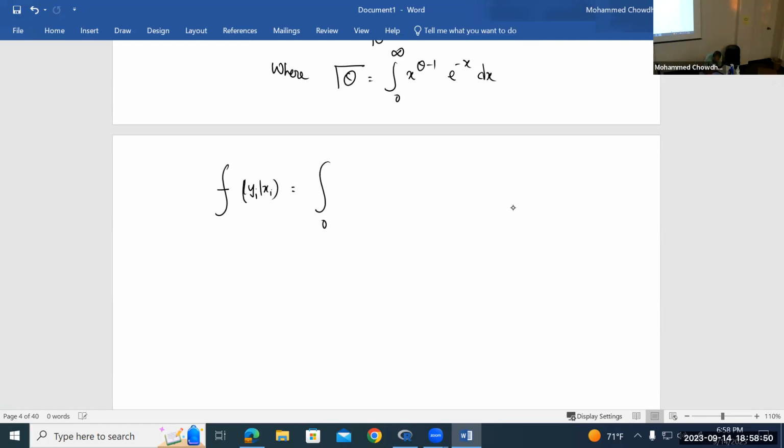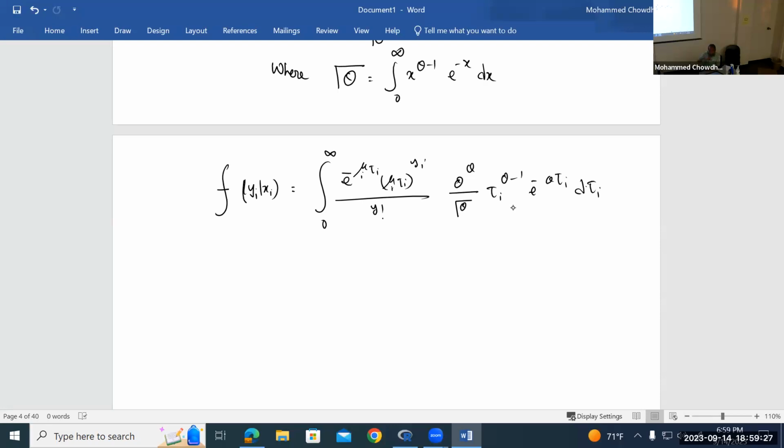So when all of those values are put there: e to the power minus mu_i tau_i, to the power y_i, and then theta to the power theta, and then tau_i to the power theta minus 1, and e to the power minus theta tau_i. I want to integrate out tau_i completely.